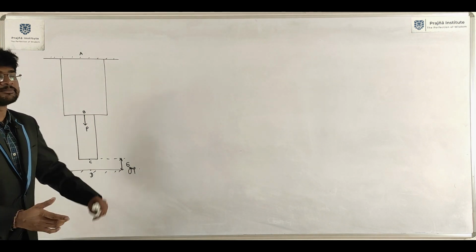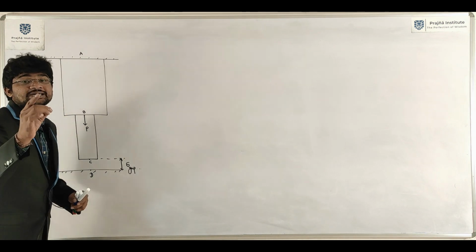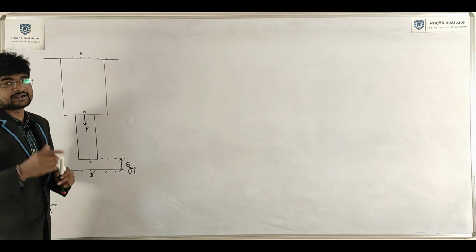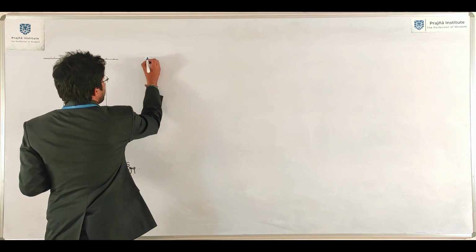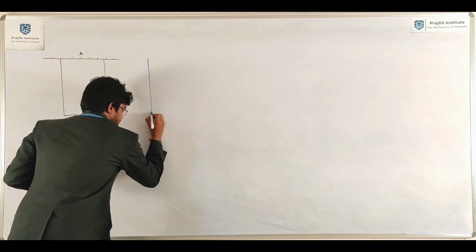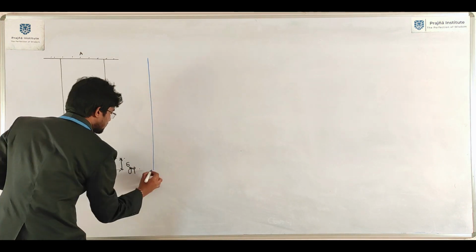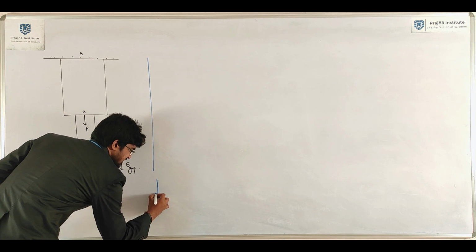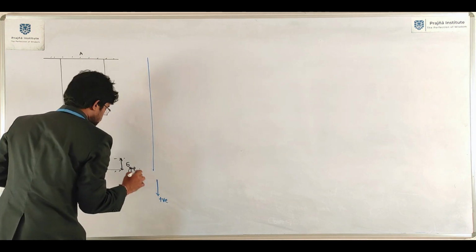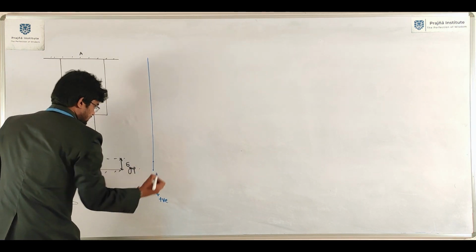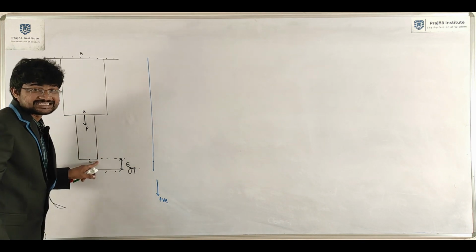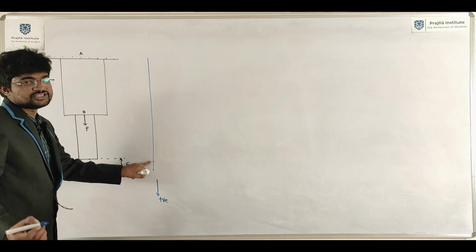As a first step, you can determine total deformation in the bar. For that, draw the axial loading diagram from here to here. This is positive, of course. Here there is no load acting at point C. No load means 0.